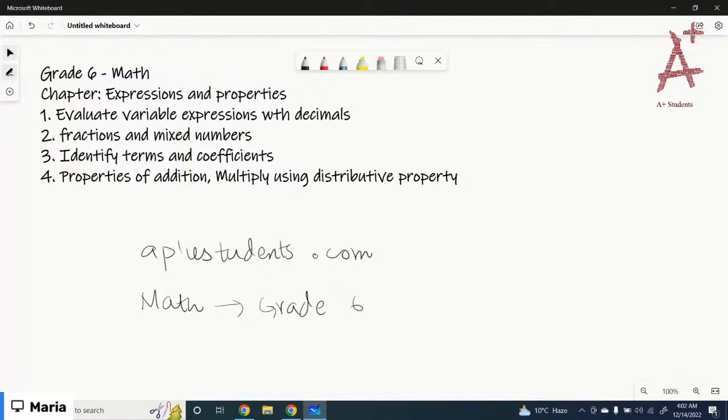So, we're going to start with the chapter expressions and properties, and the lessons are: evaluate variable expressions with decimals, fractions, and mixed numbers.